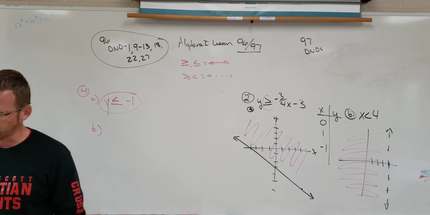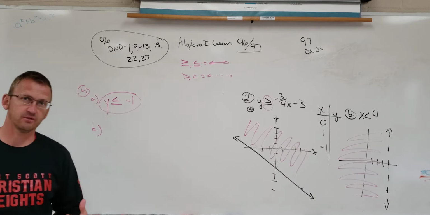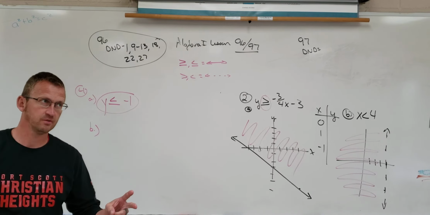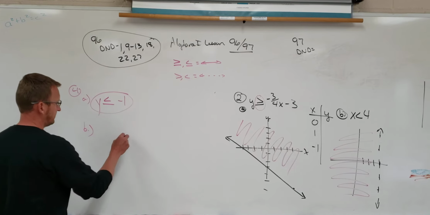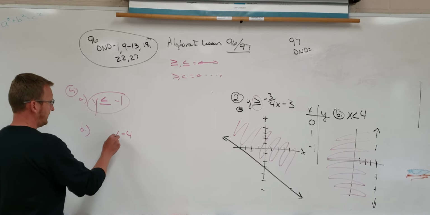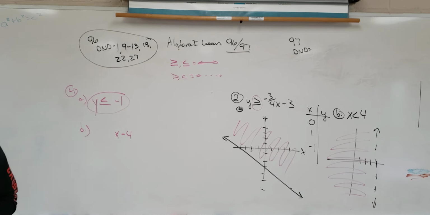If we look at example 4b, on this particular graph, we're counting by 2's. Each line is counted by 2. So it crosses the y-axis at -4, so that's my y-intercept. The slope goes up, so therefore it's a positive slope.